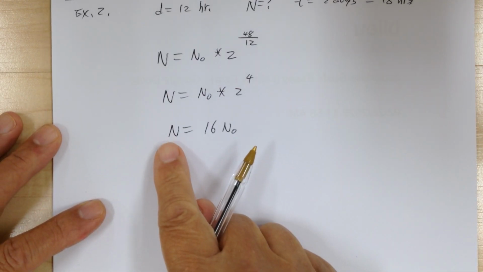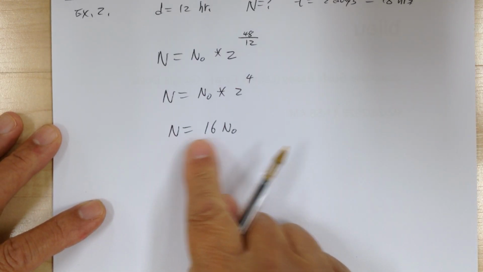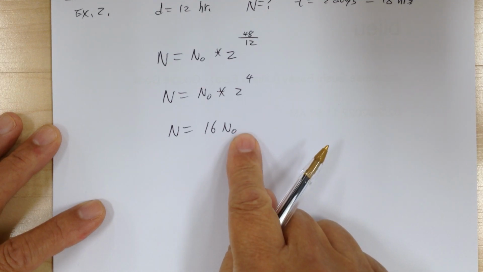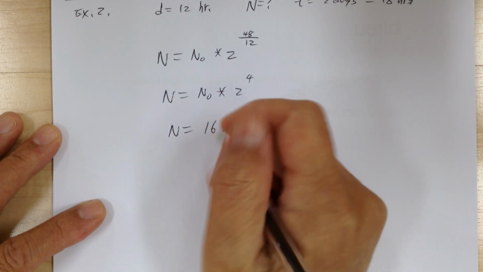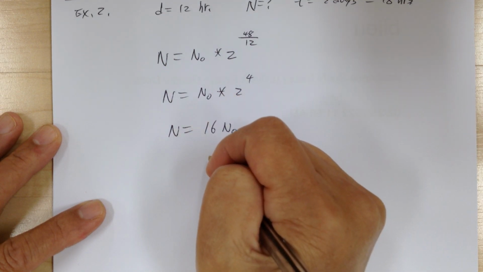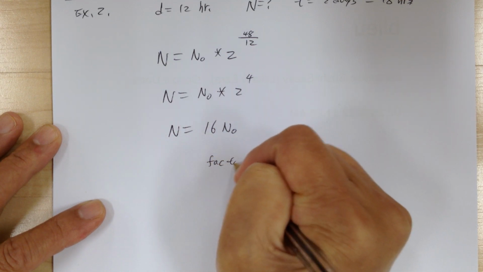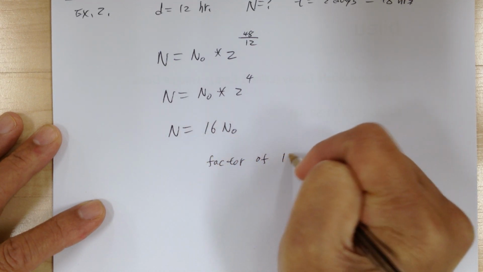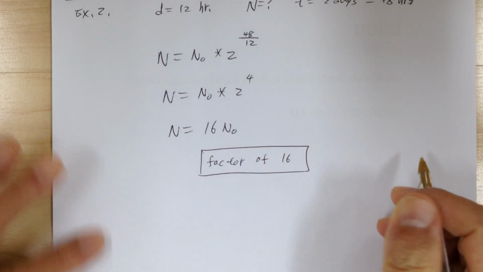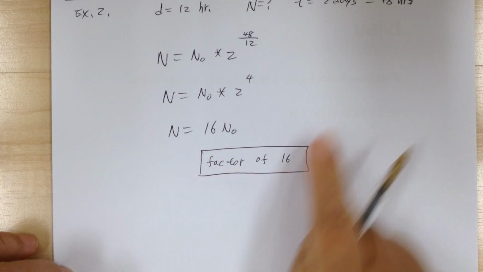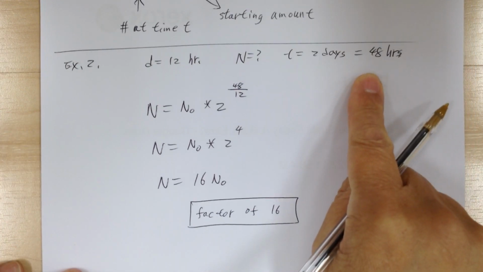So at the end it equals 16 times the beginning. So it will grow by a factor of 16 in 2 days. It will become 16 times as much. So the answer is a factor of 16. Again, it will grow 16 times as many in 48 hours.